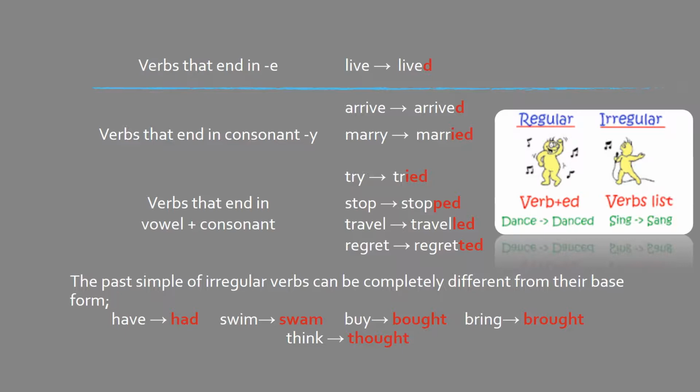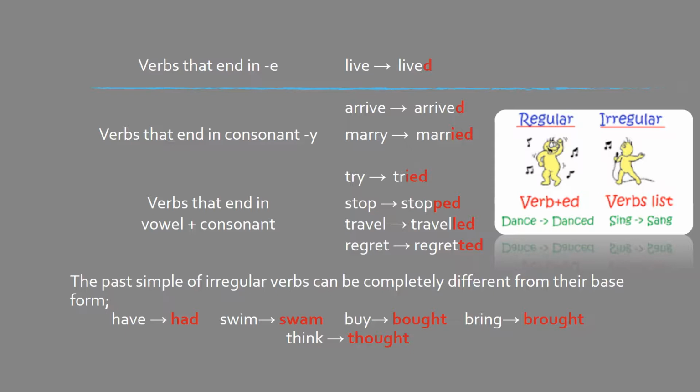If a verb ends in a consonant and Y, we drop Y and we add IED. For example, marry, married, try, tried. If a verb ends in a vowel and a consonant, we double the consonant and add ed. Stop, stopped, travel, traveled, regret, regretted.